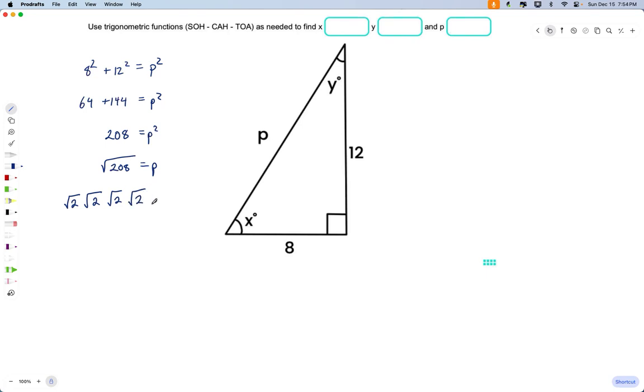So 2 times 2, that's going to be 2 times 2, times, I can't do anything with that, so it stays square root of 13. That's going to be the value of p. So 4 times the square root of 13 is the value of p.